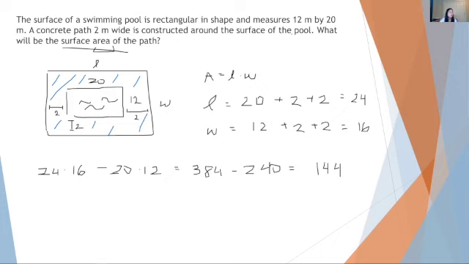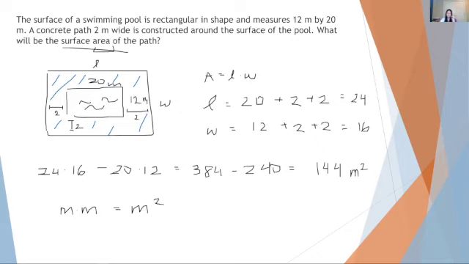It said here that it's 20 meters by 12 meters. When you multiply something, you also multiply the units. So meters times meters results in meters squared. Since we're solving for area, we have 144 meters squared.